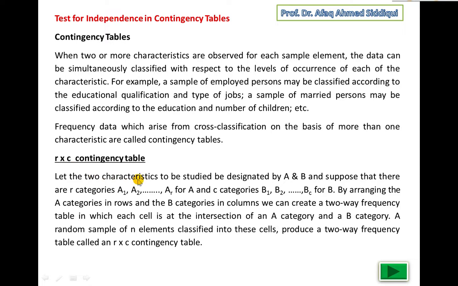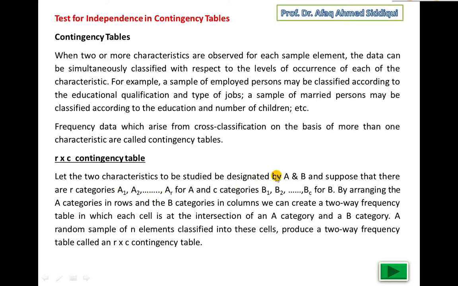So let the two characteristics to be studied be designated by A and B. A is the first and B is the second characteristic, and suppose there are R categories, R meaning rows: A1, A2 up to AR.